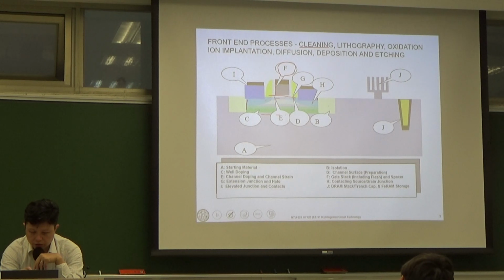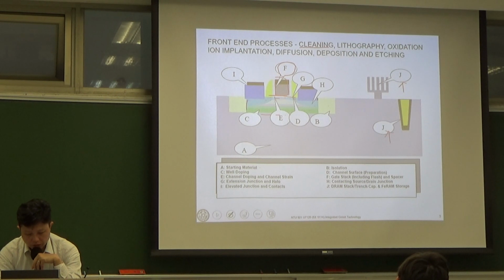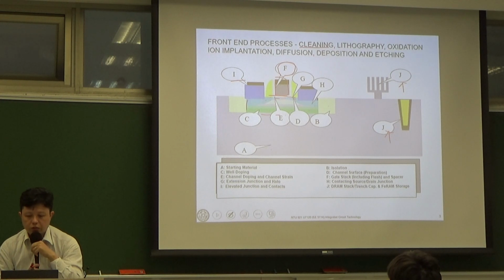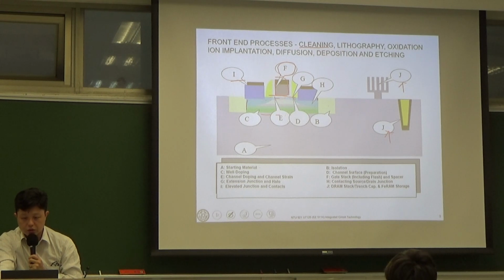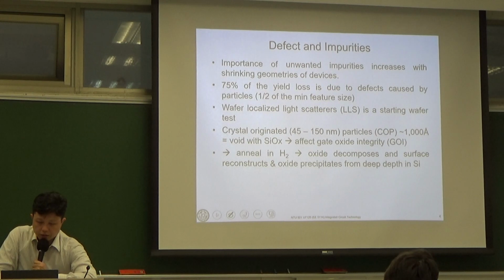This is the gate. And here we have some state or change capacitors. And this is the elevated junction and contact. Okay, so we will introduce this in the following chapters.